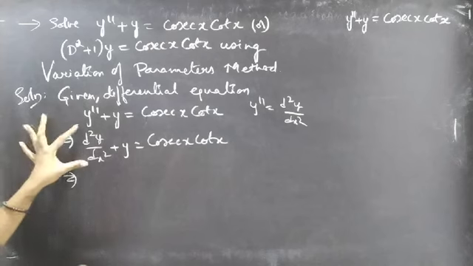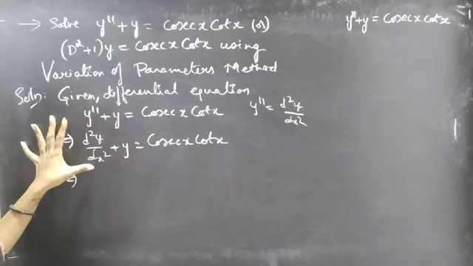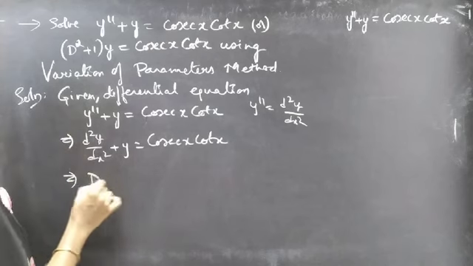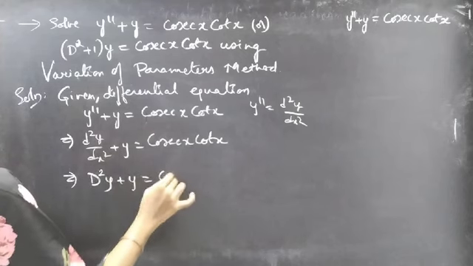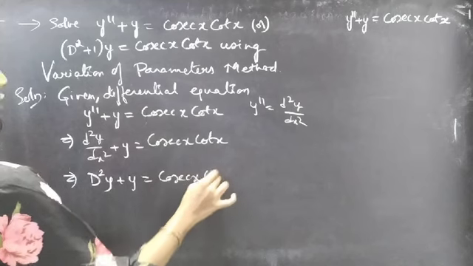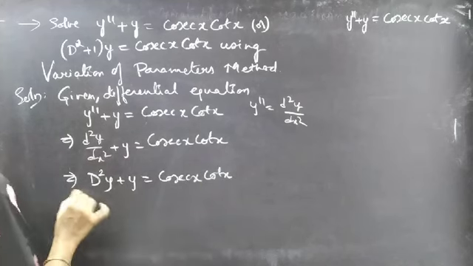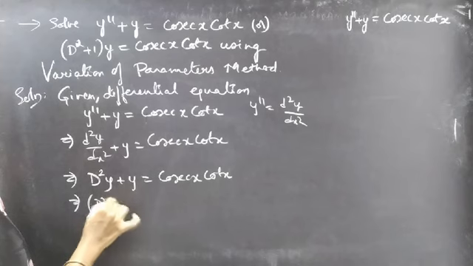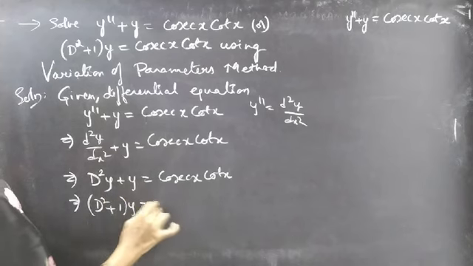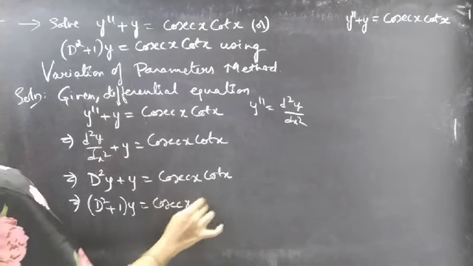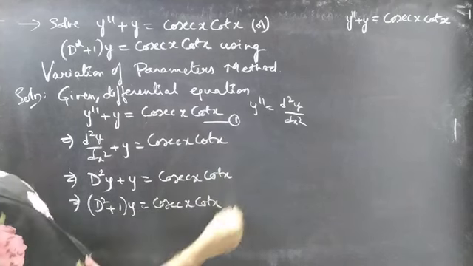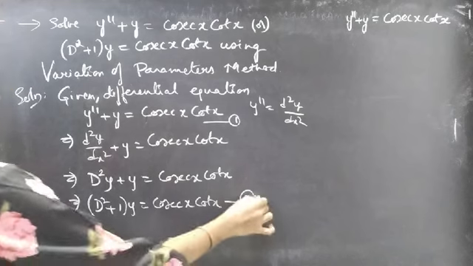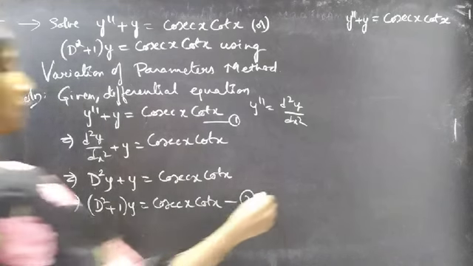Now we can write d square y by dx square in differential operator form, that is d square y plus y equal to cosecant x into cot x. Now take y common from these two terms, we'll get d square plus 1 into y equal to cosecant x cot x.